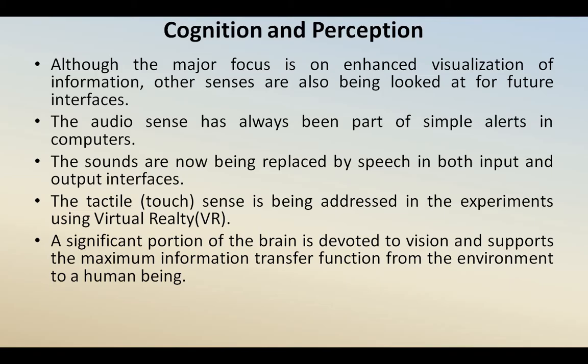Keeping in view all these things, what we can say is information visualization is a very important thing, where we can transform the information into a human better understandable form.